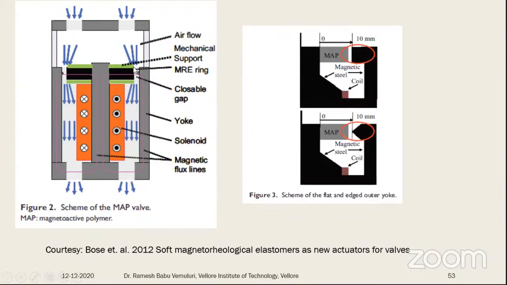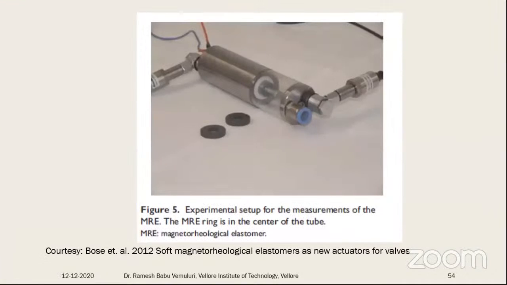Once sufficient flow is happening, the solenoid valves will give a signal to the MRE. Then obviously this gap will be filled, and if wanted, the gap can be increased. Like that, the flow can be controlled. This is about the experimental setup for the MRE ring in the center tube.